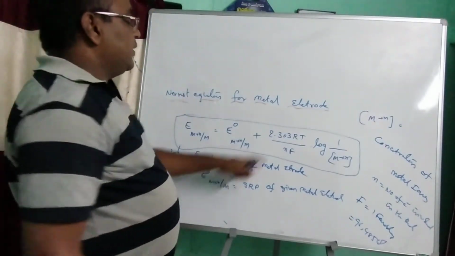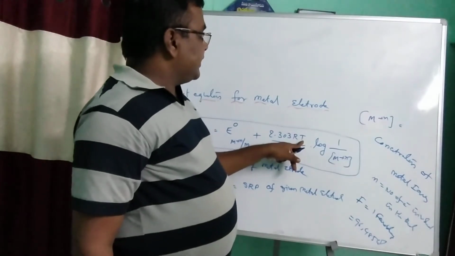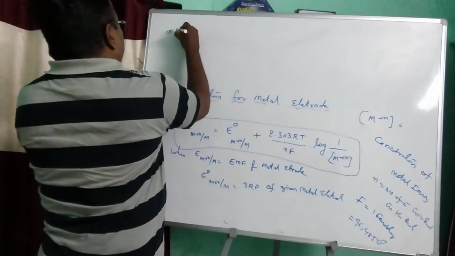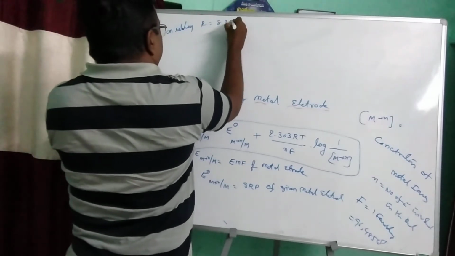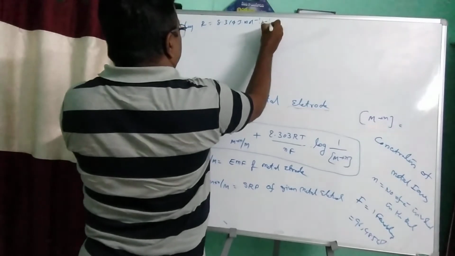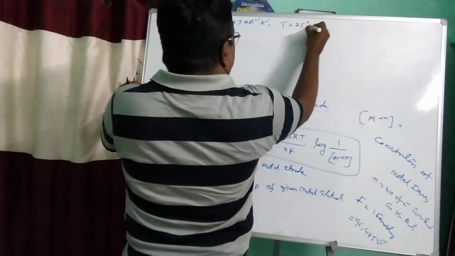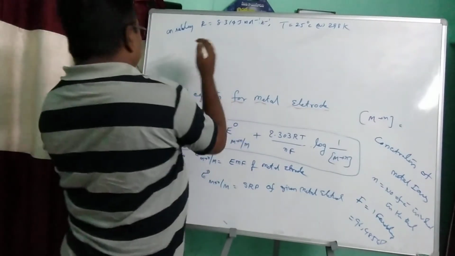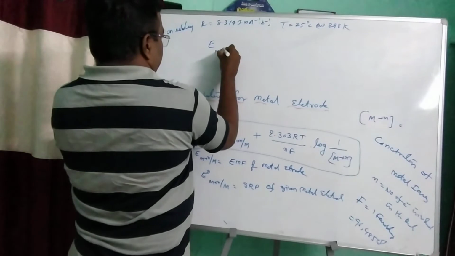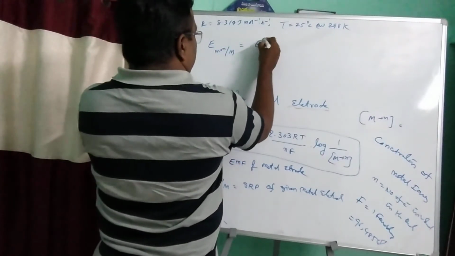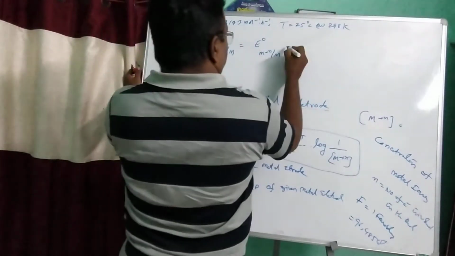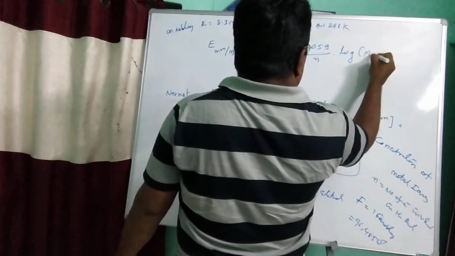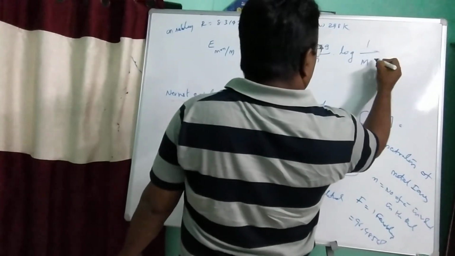Therefore, on substituting the R value in joules, 8.314 joule per mole per Kelvin, and T equal to 25 degrees centigrade or 298 K, we write the Nernst equation for the metal electrode as E of M plus n or M is equal to E0 of M plus n or M plus 0.059 by n into log 1 by the M plus n concentration.